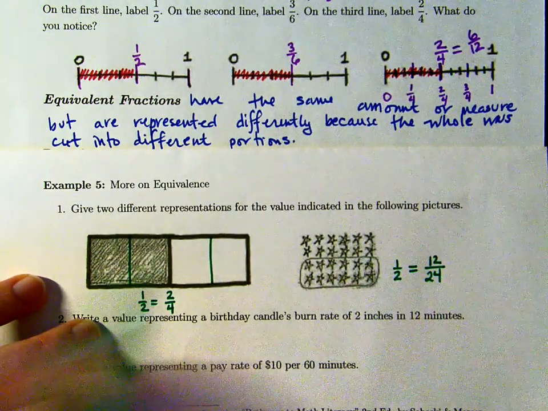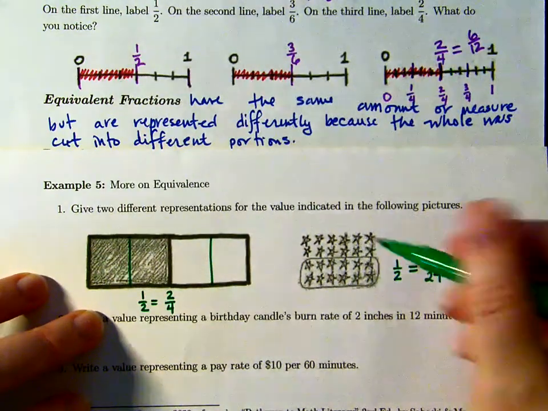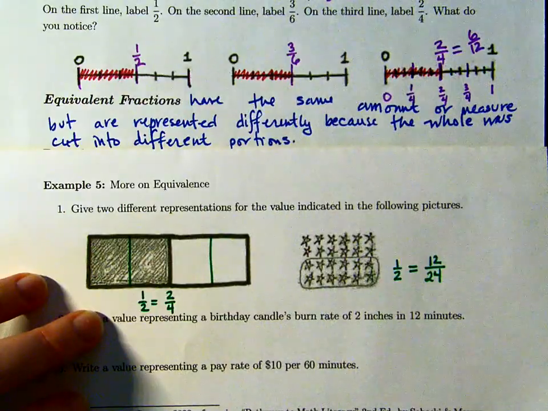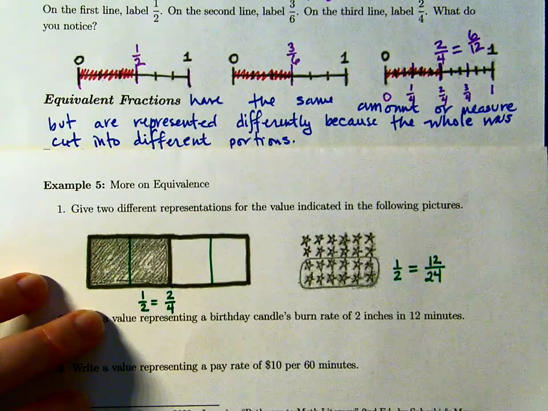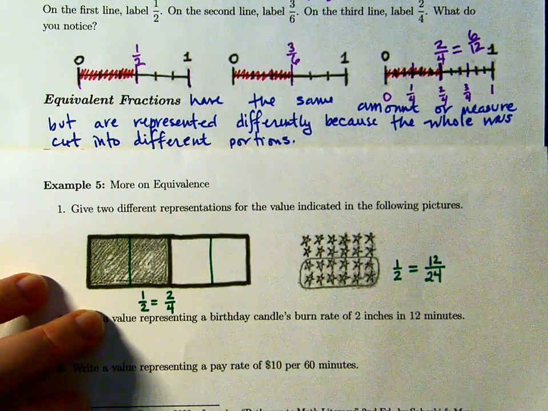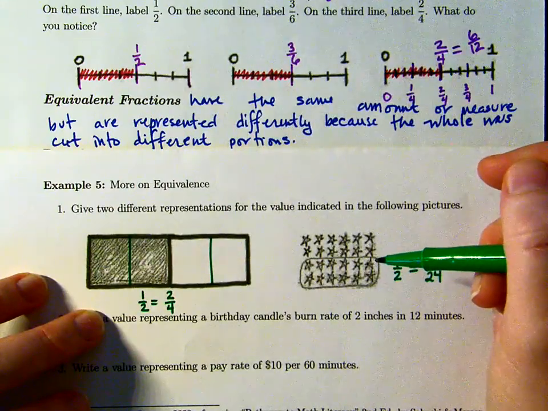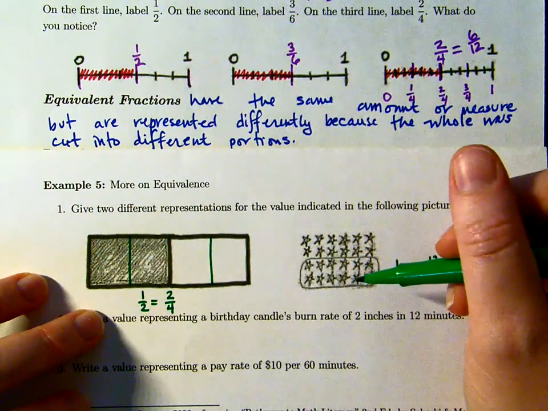I want you to know that I use stars and I use random rectangles, but in the reality of the situation, when we're using these in real life, usually instead of stars, they're humans.